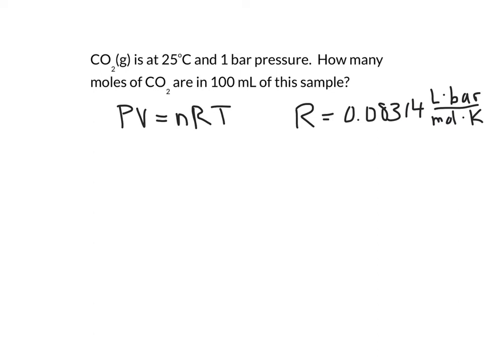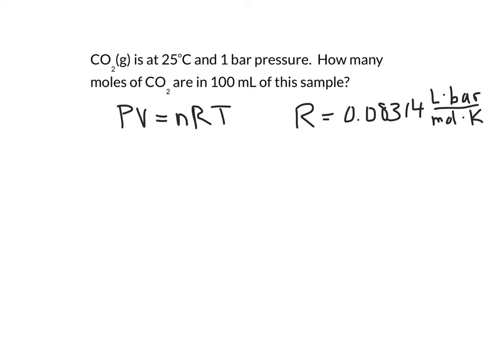So we have currently a temperature, but it's in degrees Celsius. We have a pressure, which is in bar, so that's good. We need it in bar. And we have a volume, but it's in milliliters instead of liters. So the first thing we need to do is convert the temperature to Kelvin and the volume to liters.